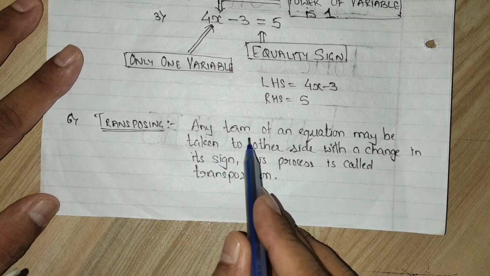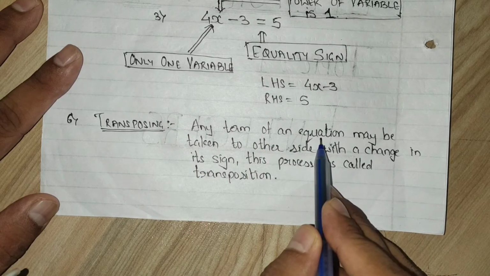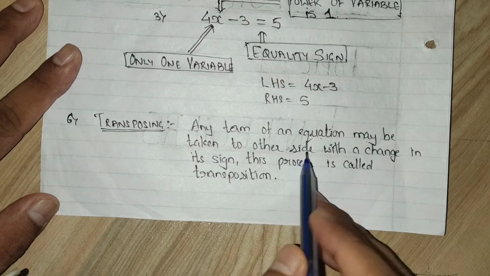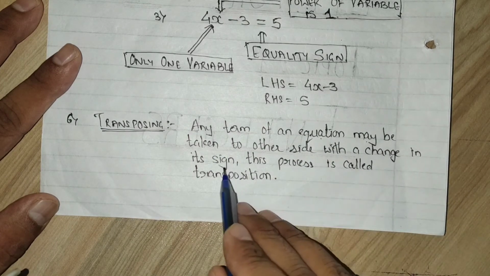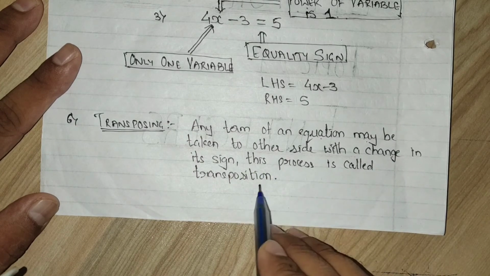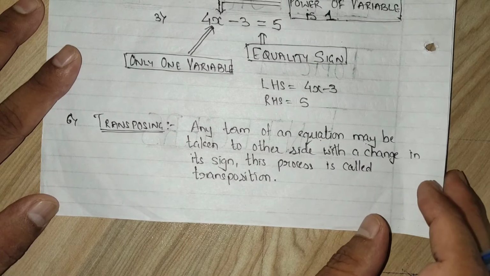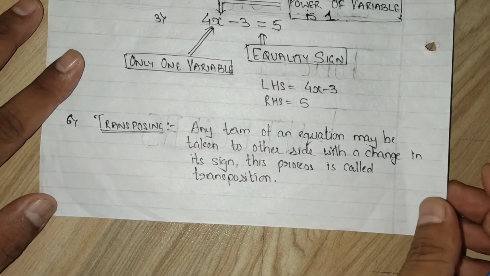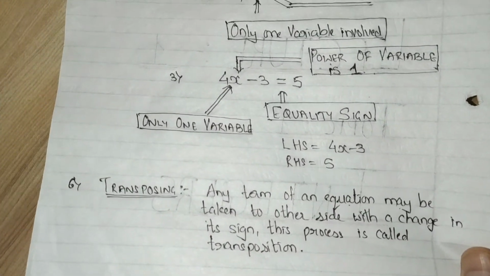Any term of an equation may be taken to the other side with a change in its sign. This process is called transposition. Many of you will not understand what the definition says, so let me explain it with an example.